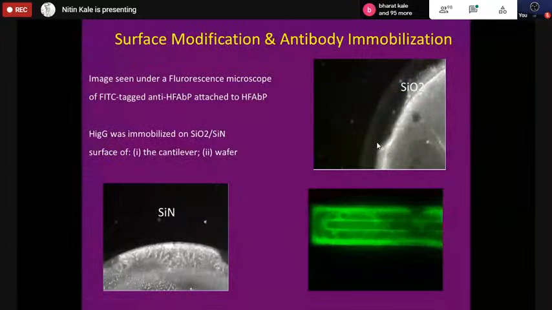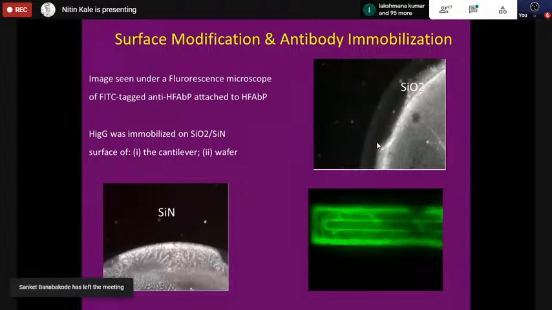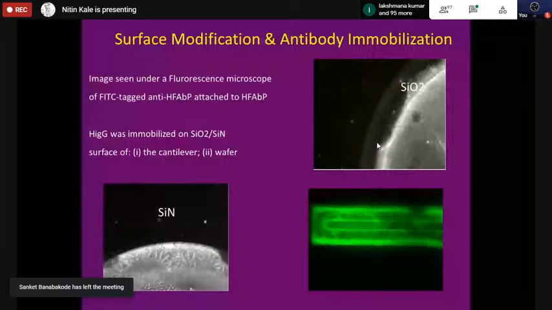Before you do cantilever-based protein detection measurements, you need to know whether your immobilization of antibodies on the surface of the cantilever has been successful or not. Here is an example which depicts that. For that, you use fluorescence antigens. You have your surface, any surface.